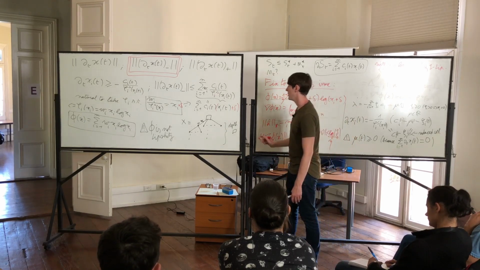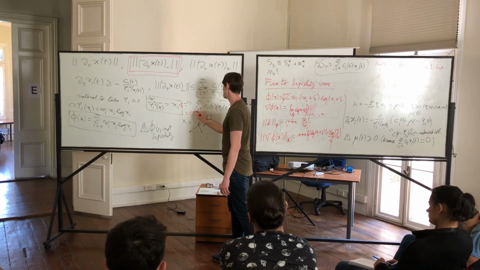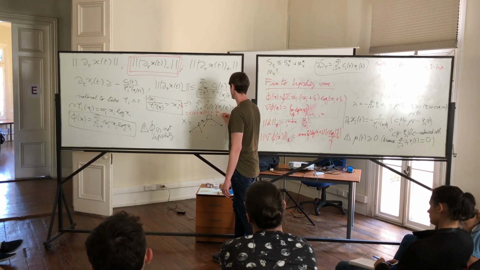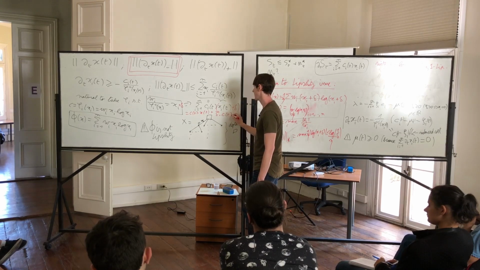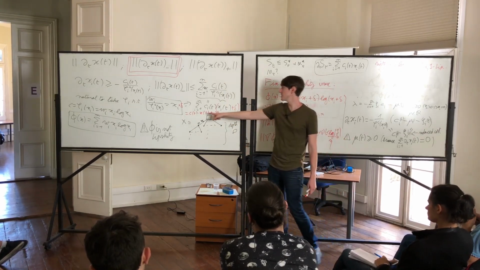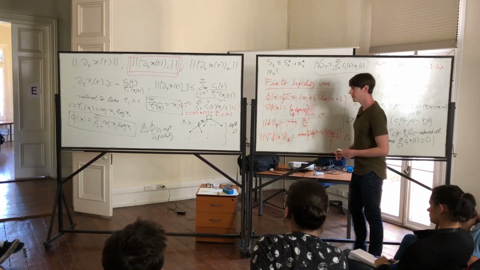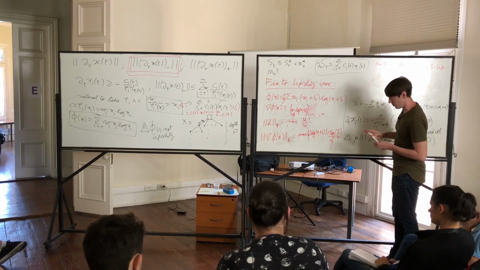So let me write it in inner product form. This is c_t dot x_t plus, let's write it like this, delta as a vector which has all coordinates equal to delta, times c_t. So this is my movement cost. My instantaneous movement cost is now the service cost plus a new term.